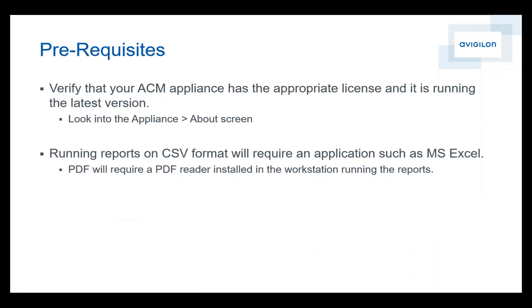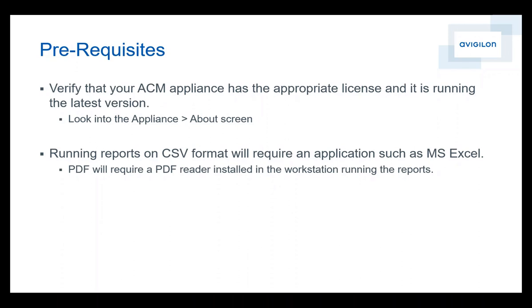Let's take a look at some of the prerequisites to run reports. It's always a good idea to go under the appliance and the about screen and take a look at your license. Although for reports, any standard license that you have for ACM will cover the reports, so you should be fine with that. But it's always a good idea to make sure that you're running the latest version.